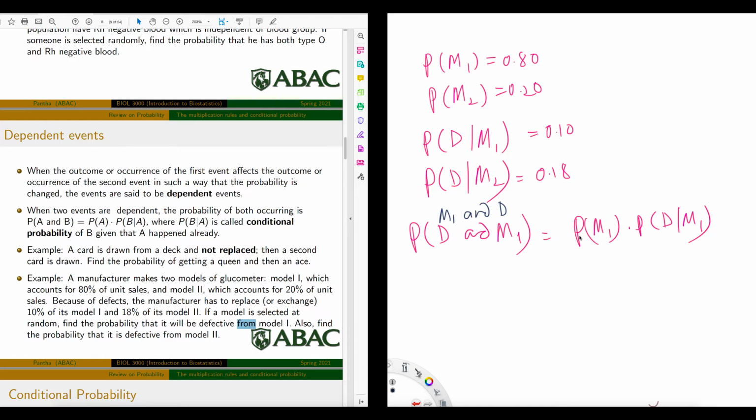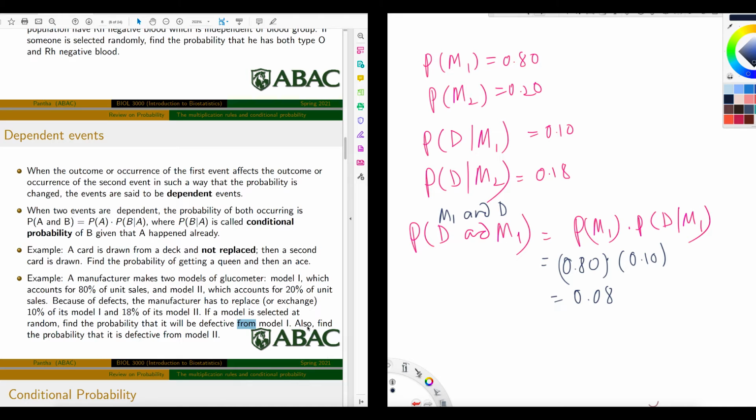So I'm doing the probability of model 1 times the probability of defective given it is model 1. The probability of model 1 is 0.80 times the probability of defective from model 1, 0.10, right? So you get 0.08. That is an 8% chance that if you pick an item randomly, it will be model 1 and defective.